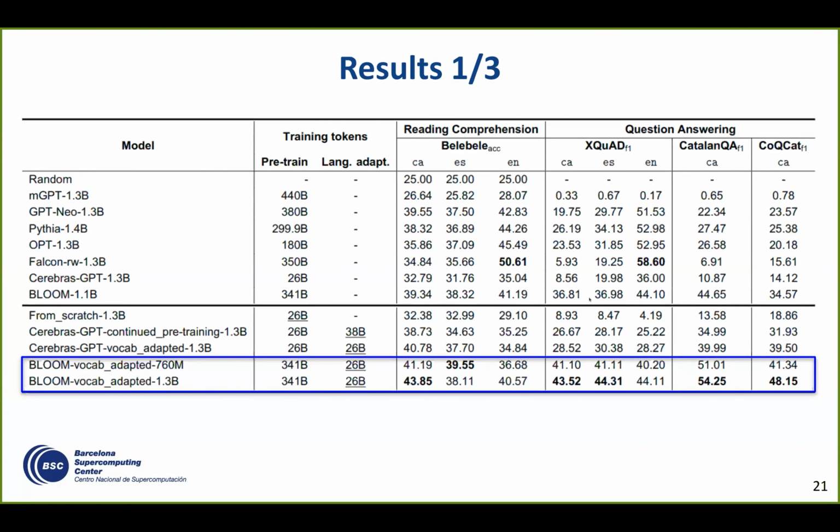So here we can see the results obtained in reading comprehension and question answering. It seems quite clear that in Catalan and in Spanish, the Bloom models seem to perform best in all tasks and languages.